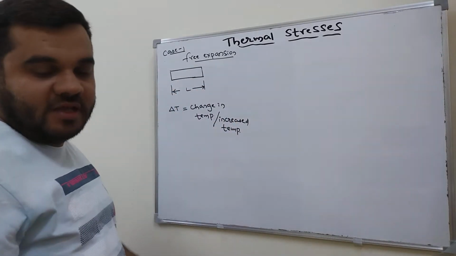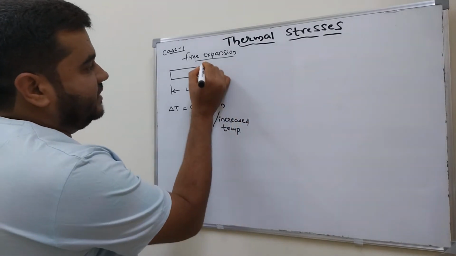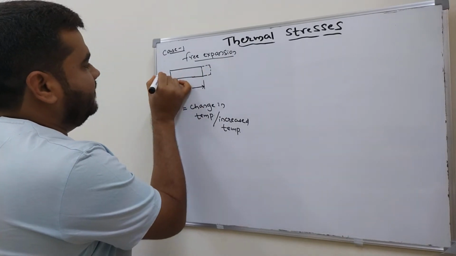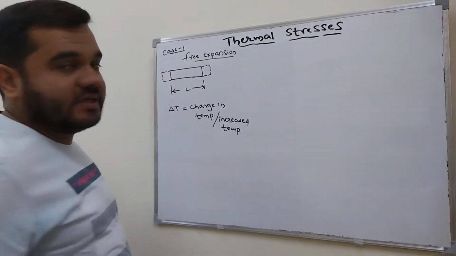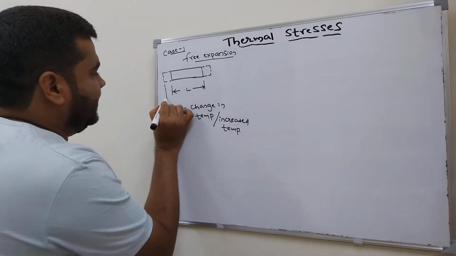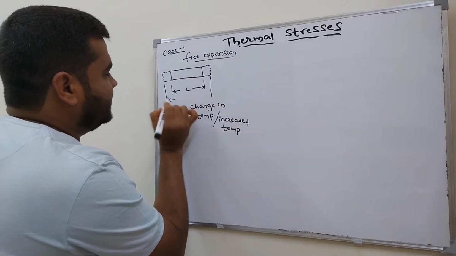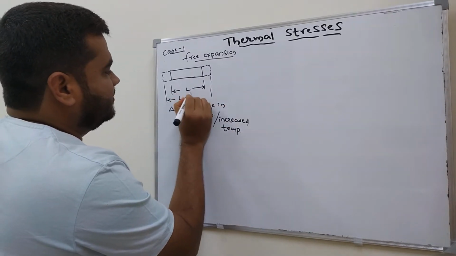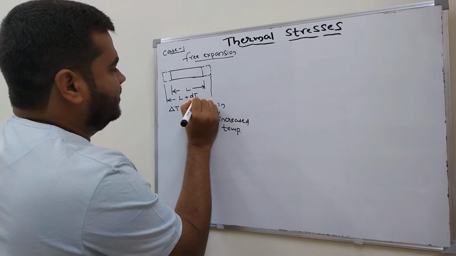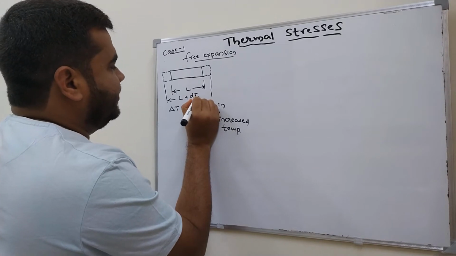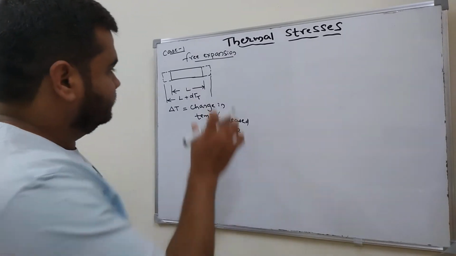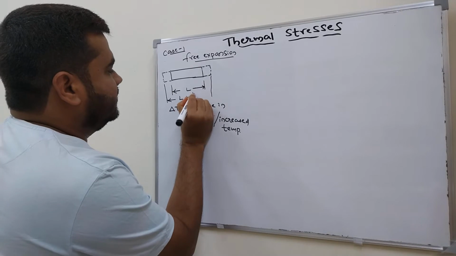In the first point I said, if temperature increases, it will undergo extension, a deformation in the tensile direction, due to the increase in temperature delta T. So the final length of this bar is L plus dL due to temperature.